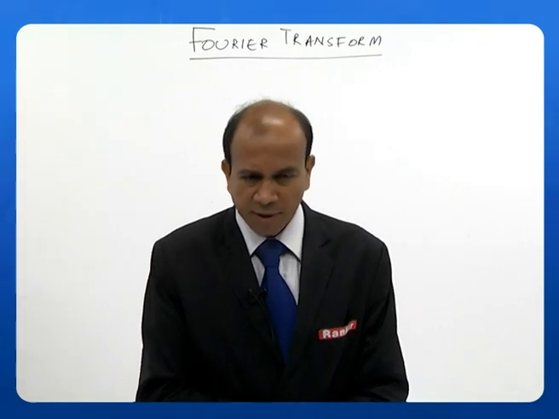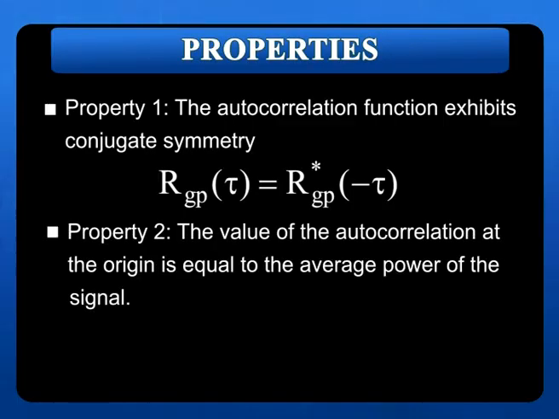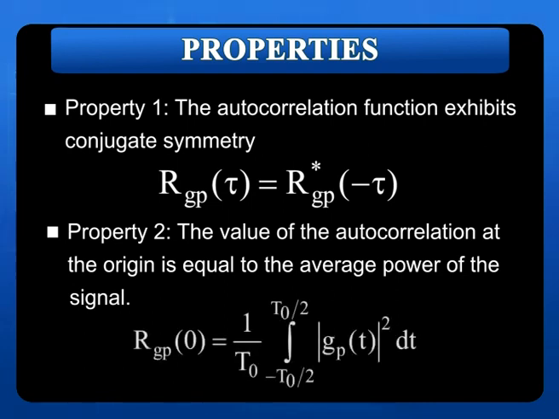Let us see the second property. What does the second property say? The value of the autocorrelation function at the origin is equal to the average power of the signal. That means Rgp of 0 will be equal to 1 by T0 times the integral from minus T0 by 2 to plus T0 by 2 of mod Gp of t whole square dt.